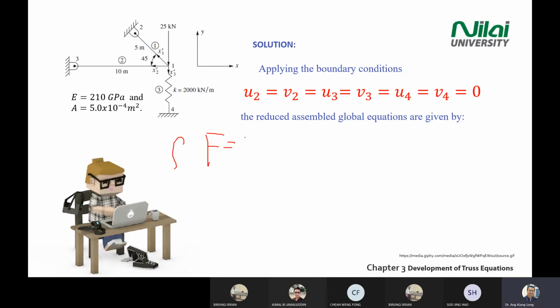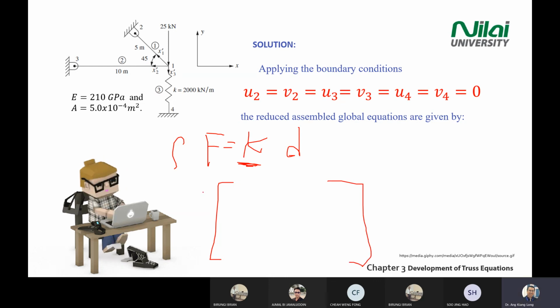You write F equal to KD after you combine all the matrices. You substitute the displacement inside here. We agree that we have 8 displacements, right?